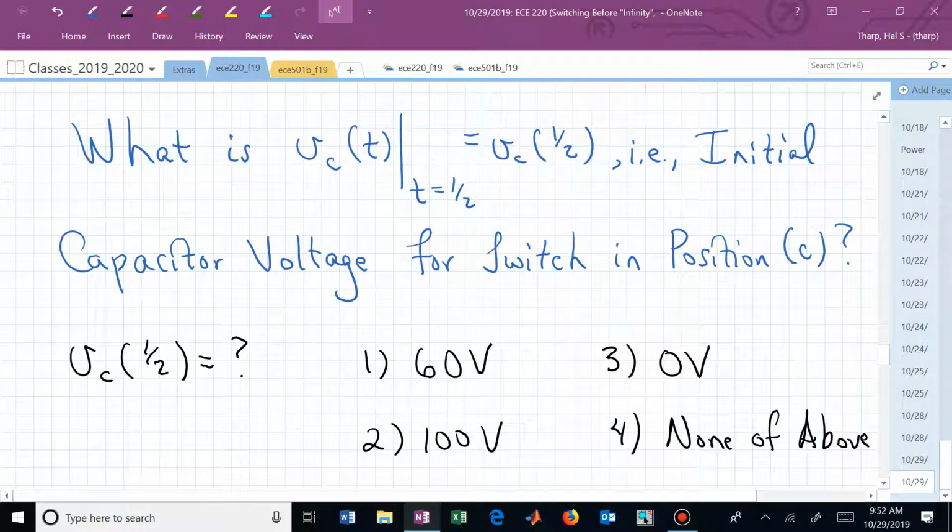Is it 60? Is it 0? What's our capacitor voltage at 1/2? Is it 100? Or is it none of the above? Ready? 1, 2, 3.